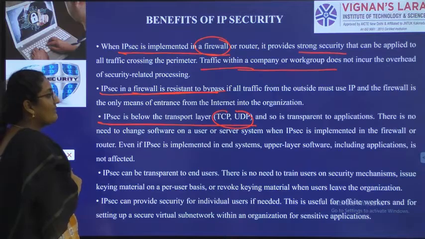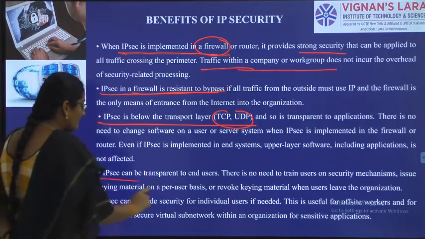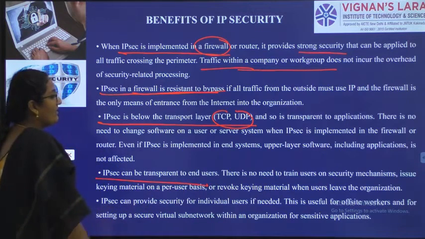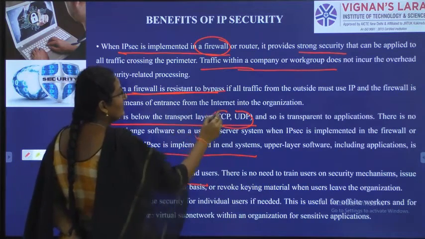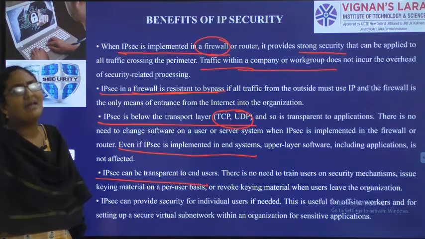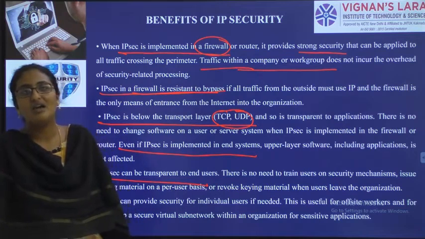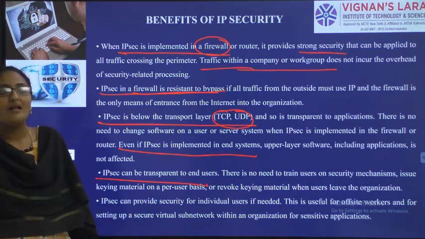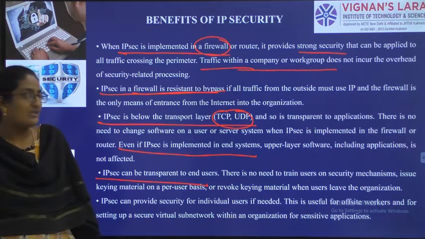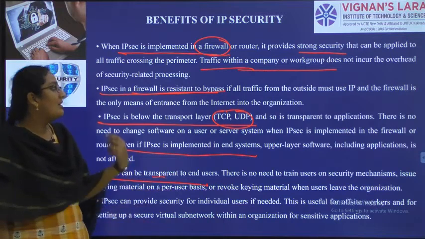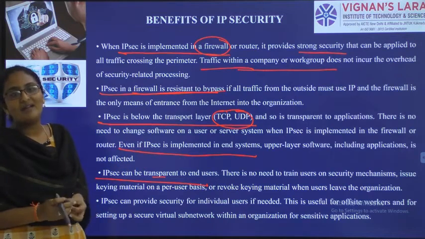Then IP security will be transparent to end users. IP security can be used and implemented in end systems. It will be present below the TCP and UDP. So many benefits we have regarding internet protocol security, like authentication, confidentiality, integrity, and transparency to the end users. We can communicate in the form of packets securely.